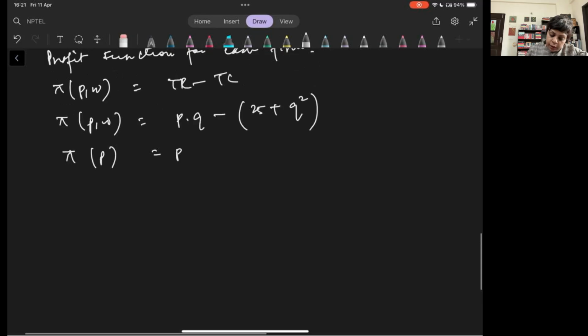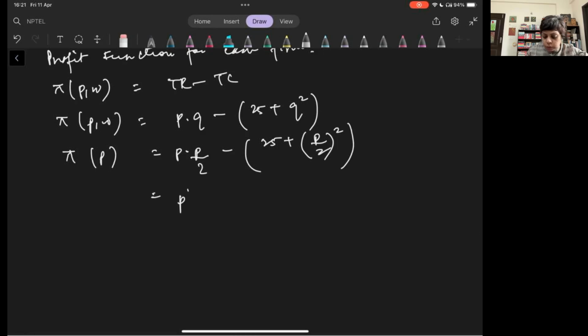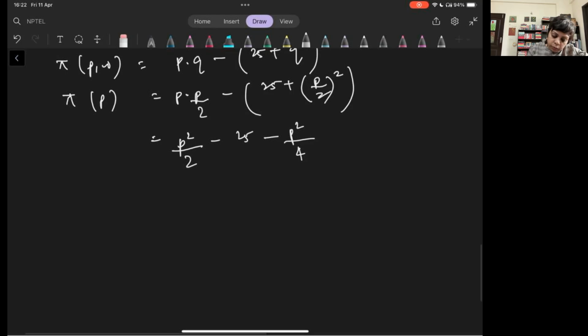So let's write this, P into P by 2 minus 25 plus, again this is P by 2 square, close bracket. So this is P square by 2 minus 25 minus P square by 4. And just open the brackets and simplify the term. Now you just simplify this further, P square by 4 minus 25. Okay, this is the profit function.